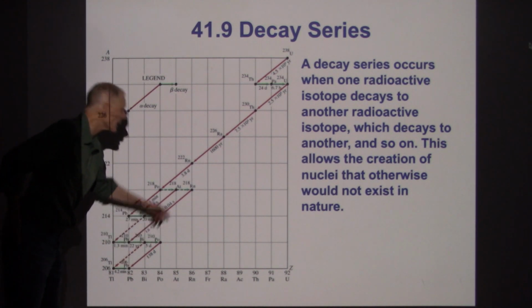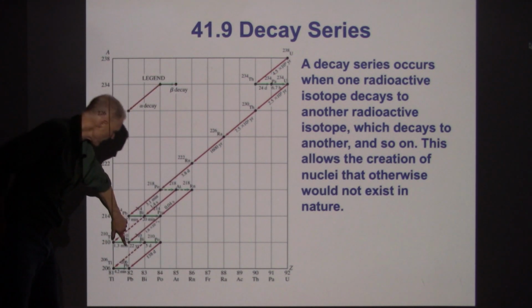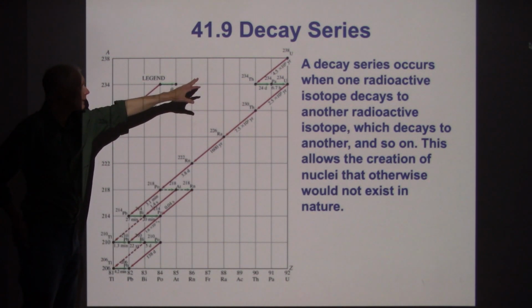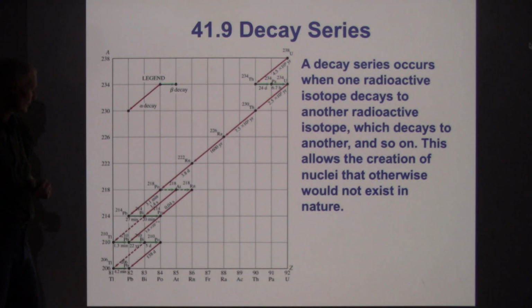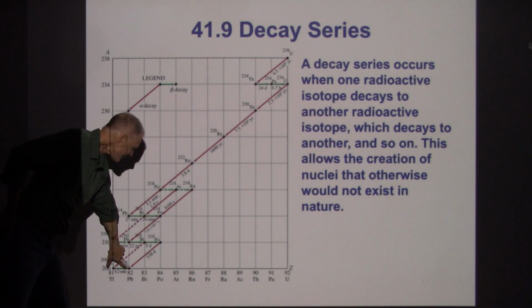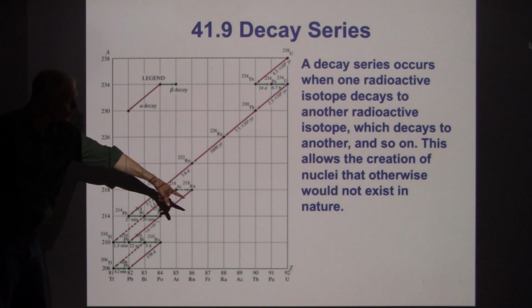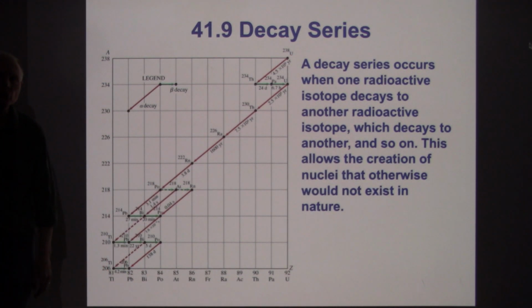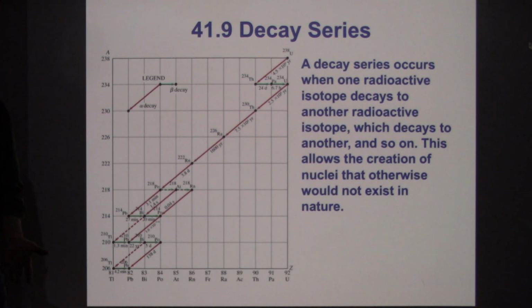Where we're headed from uranium-238 is lead. Uranium-238 eventually decays into lead, but that's a long way away. Uranium is element 92, lead is element 82, and the masses are going to drop a lot.